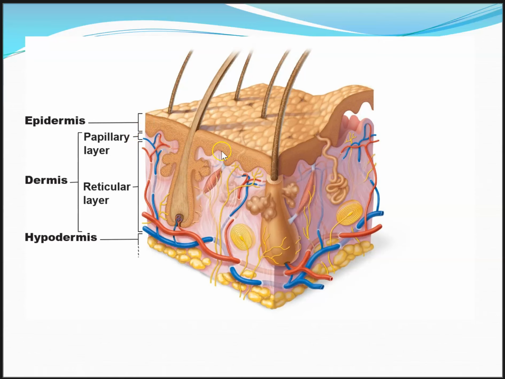Now, the reticular layer, on the other hand, is a deeper layer which is rich in blood vessels, sweat, and oil glands, and they contain deep pressure receptors known as lamellar corpuscles. So these lamellar corpuscles basically help in detecting any change in external pressure.